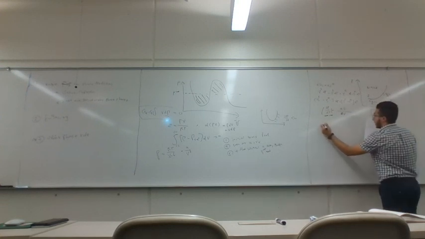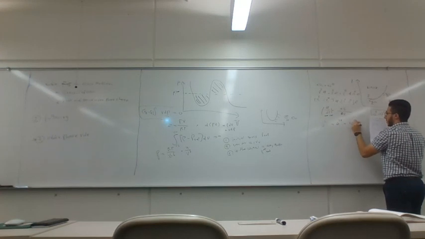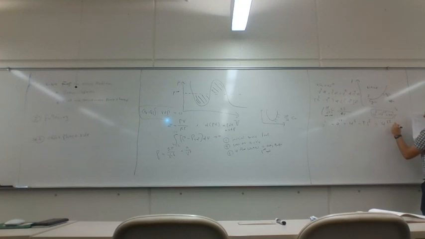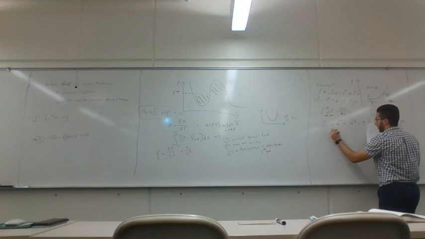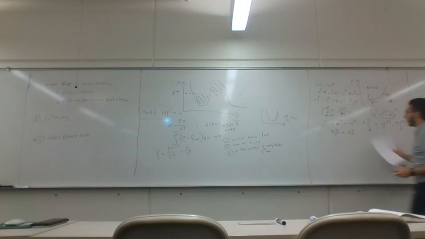We can also use G phase 1, which is equal to G phase 2, equal to H phase 1 minus T S phase 1, equal to H phase 2 minus T S phase 2. And they are not the same, by the way. S here is not the same S here, and H here is not the same H. This way, we can say that delta H over T equals delta S. I'm just doing manipulation.